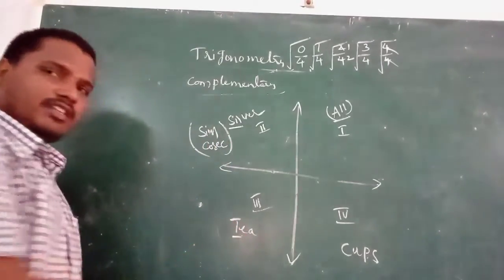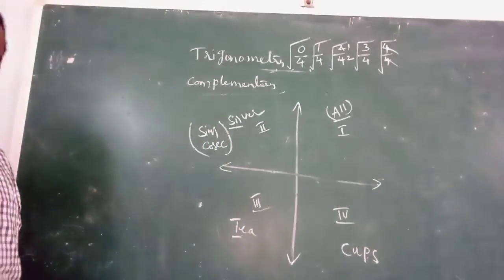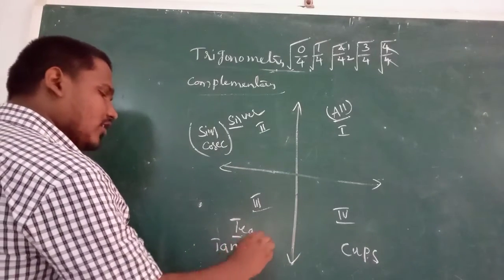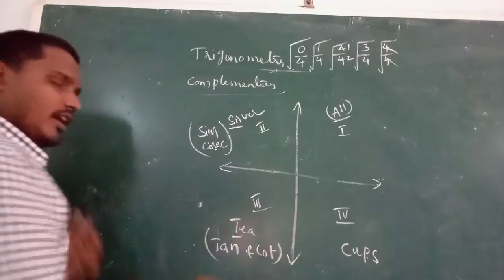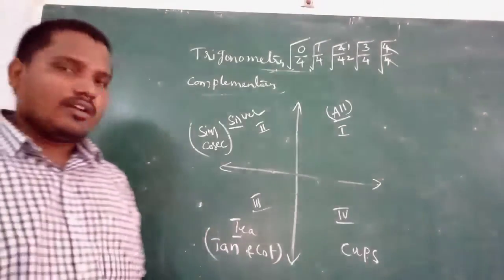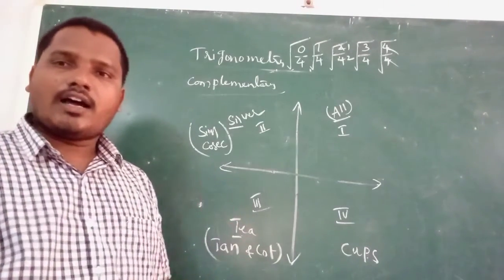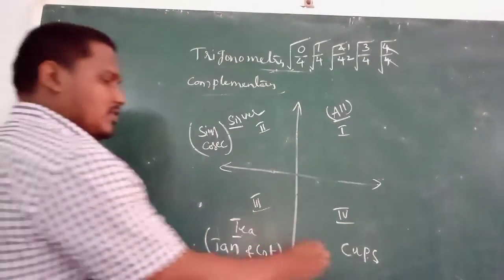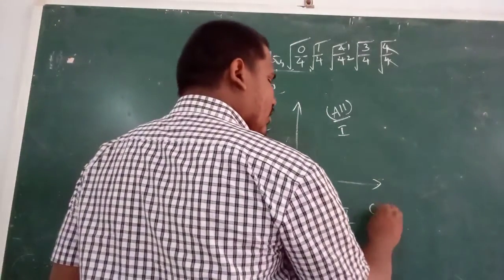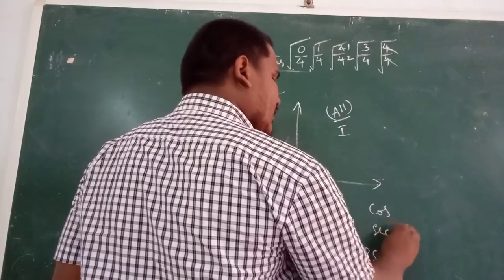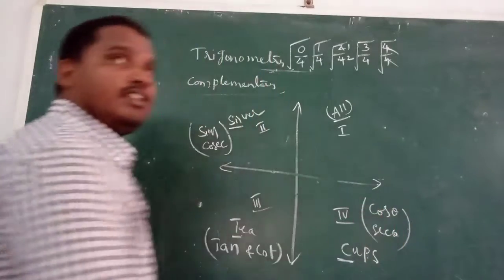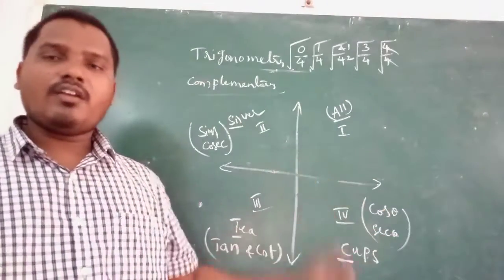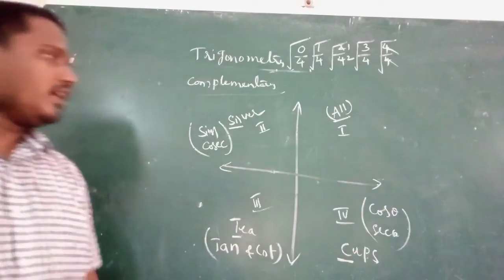T means tan, so tan and cot are positive in the third quadrant. Cups: first letter C, so cos, and the reciprocal of cos is secant theta. These are the only positive ones in the fourth quadrant.